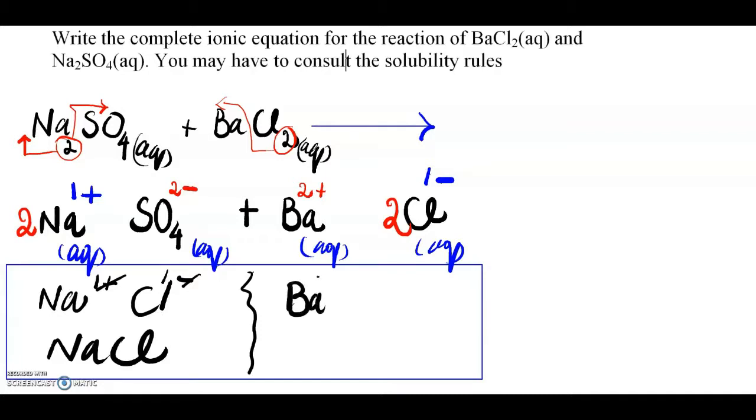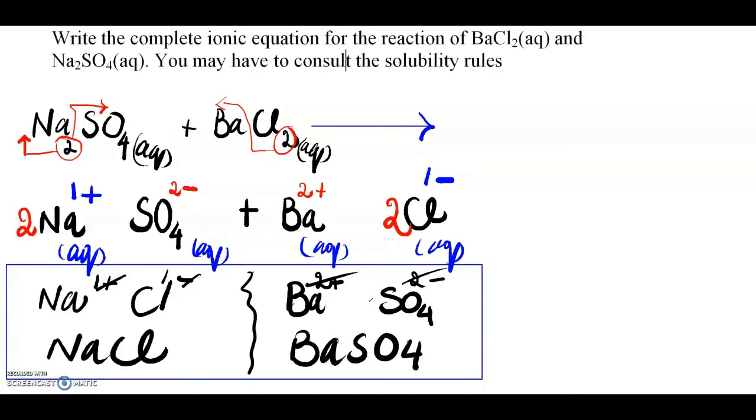Positive ion Ba2+ of the second reactant and SO4 2- of the first reactant carry similar values but opposite charges, so they will be cancelled out and you get the formula, which is barium sulfate. Now by writing NaCl plus BaSO4, you have your products.